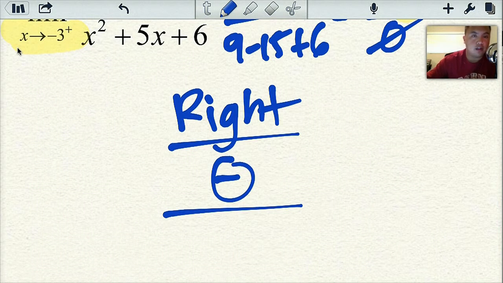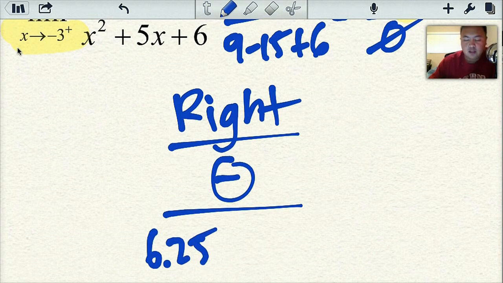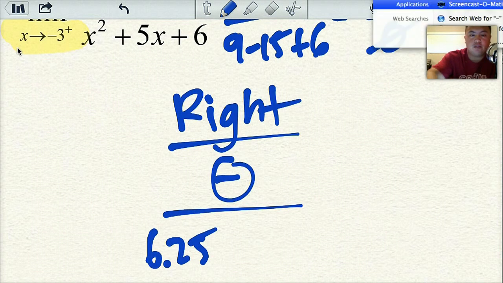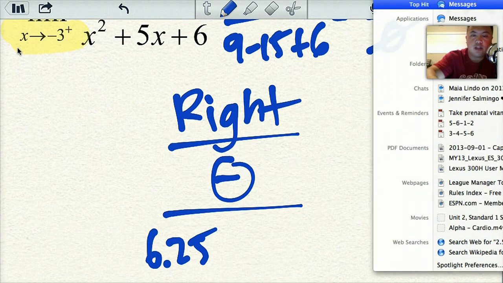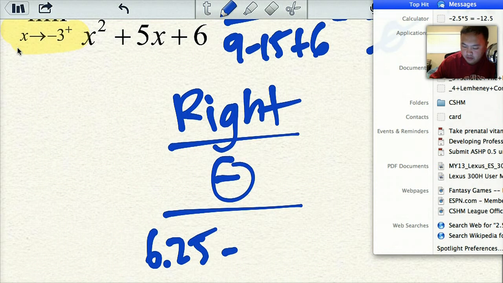Okay, you can use a calculator. Negative 2.5 squared is 6.25. Negative 2.5 times 5 is negative 12.5. And then plus 6.